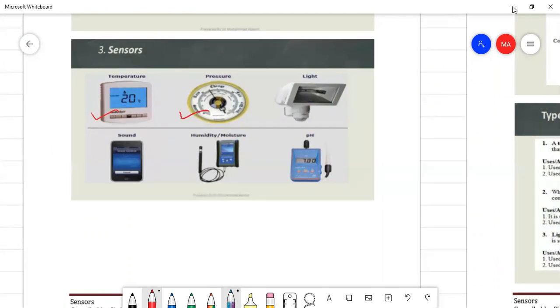Where will the pressure sensor be used in our daily life?